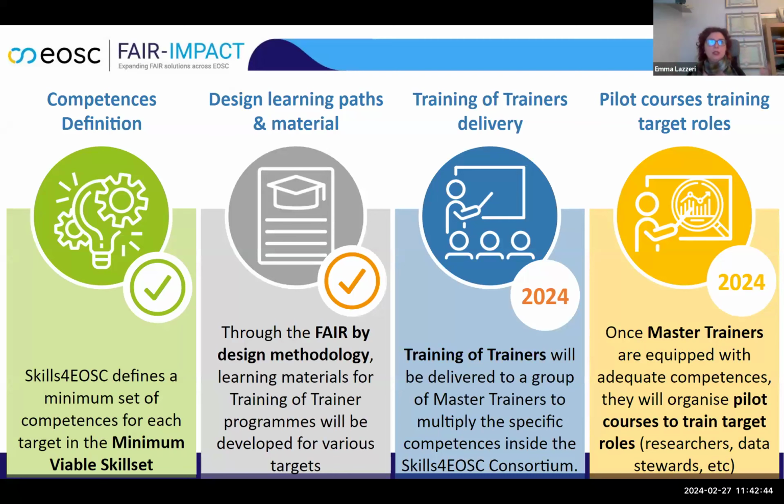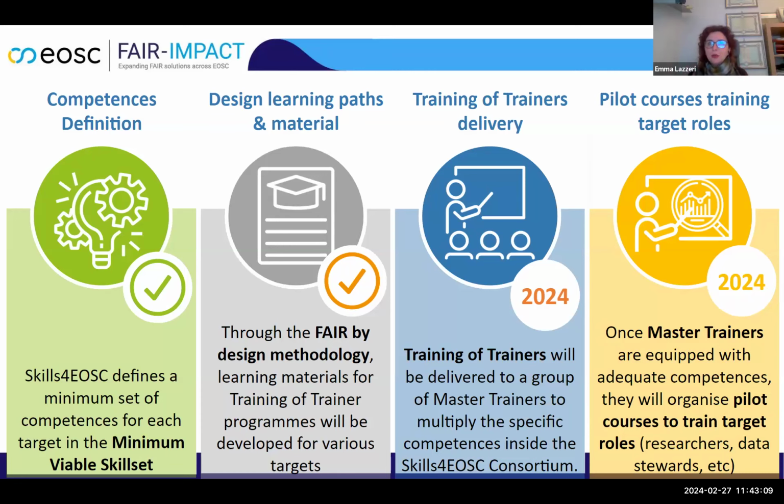To define and spread the competencies, these slides help me in telling you how we proceed. We start with the definition of competencies through the minimum viable skill set definition for each role, and then we develop FAIR by design learning material for a single set of competencies. The aim is to use this material for training of trainers delivery.